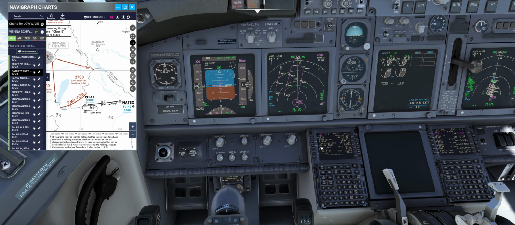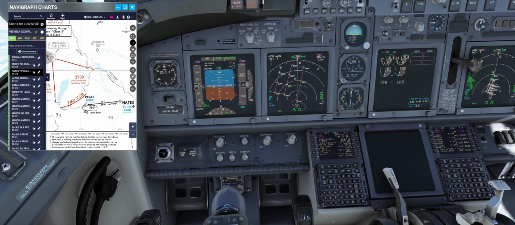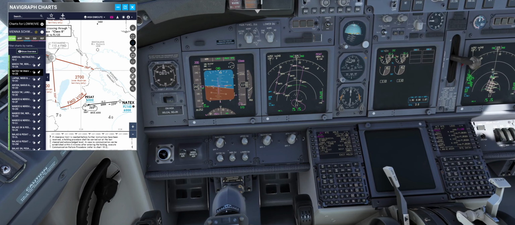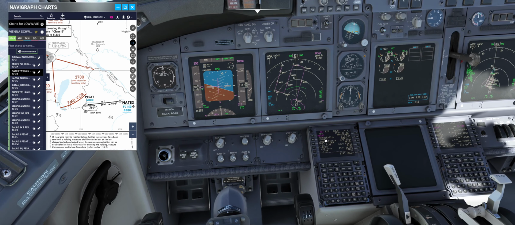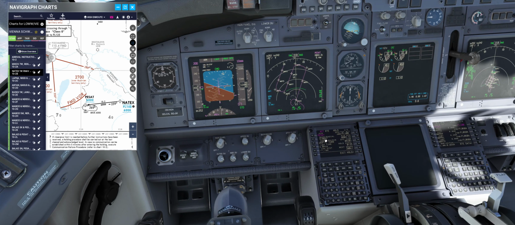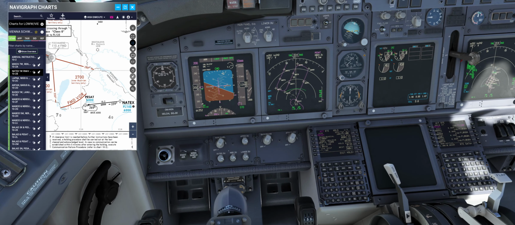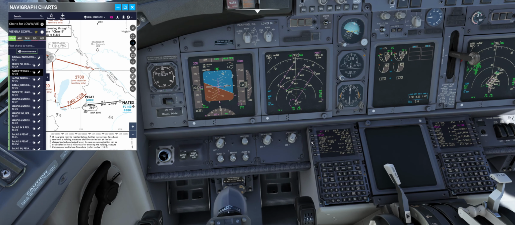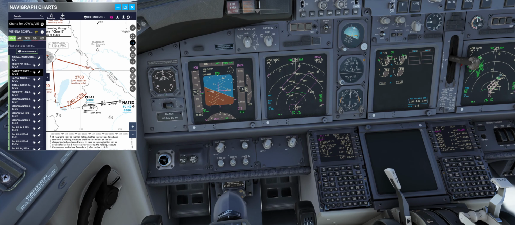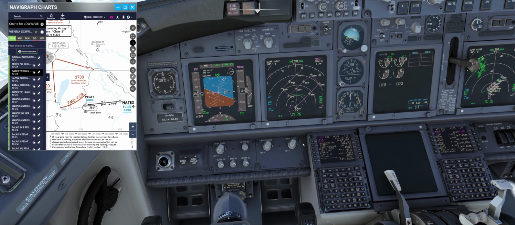That means we have inbound course 269, that means that our outbound radial will be 089, and you can see it's 089. So I think it was clear enough, and now we are starting our holding.